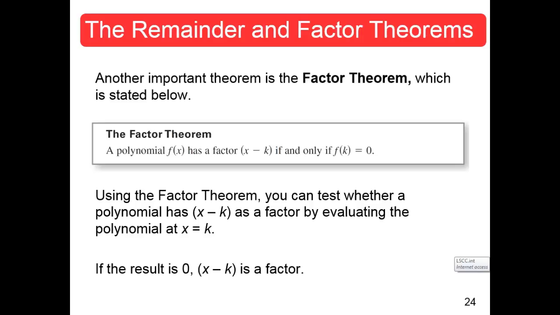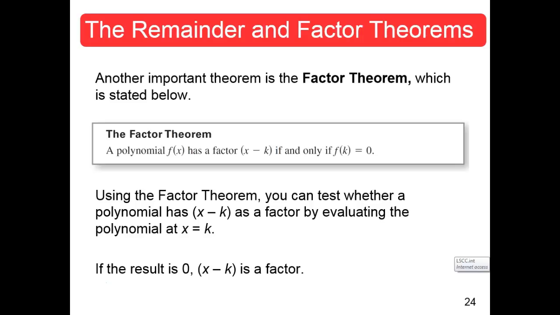Okay? A polynomial f of x, that would be your dividend, has a factor x minus k if and only if f of k is equal to 0. Okay? Now, let's think again.